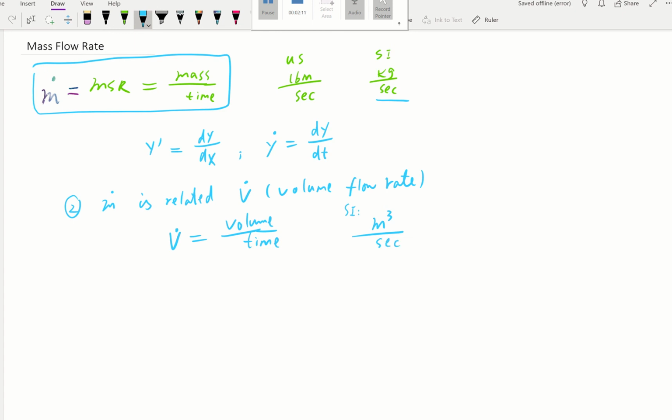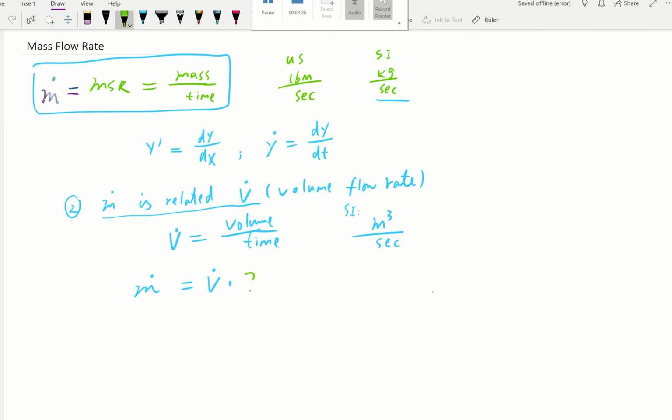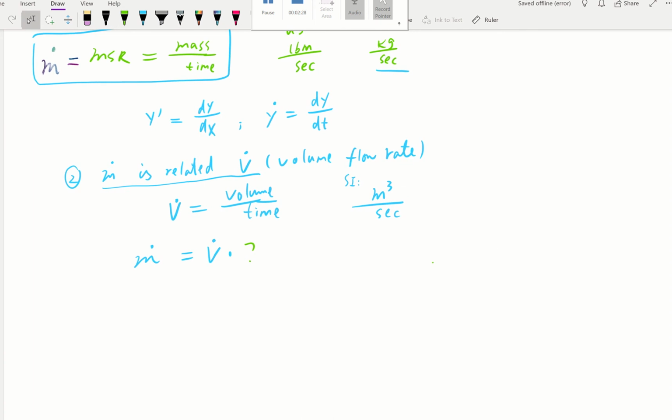Okay, so here we're saying mass flow rate is related to volume flow rate. So let's see, mass flow rate is volume flow rate times this something unknown. How do we figure out what this unknown is? We're going to use dimensional homogeneity to help us.